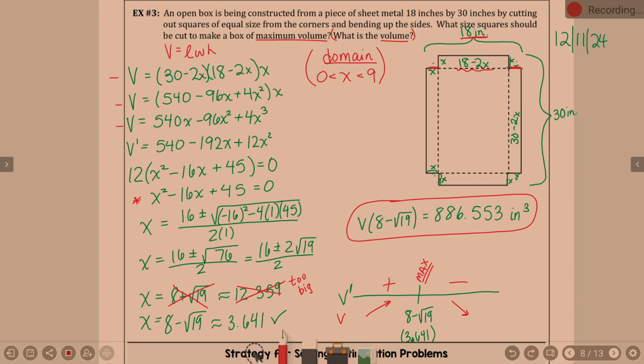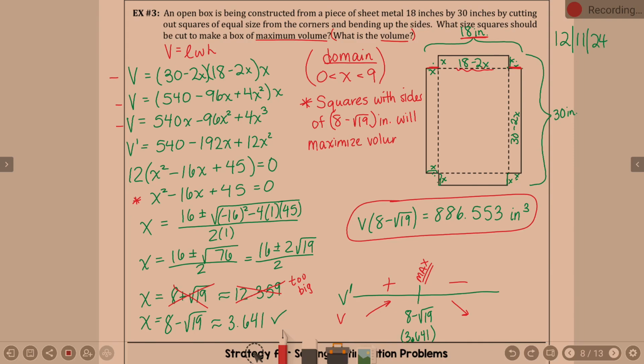We answered that. I have it written down, but what size squares should be cut? And there we said squares with sides of 8 minus the square root of 19 inches will maximize volume.